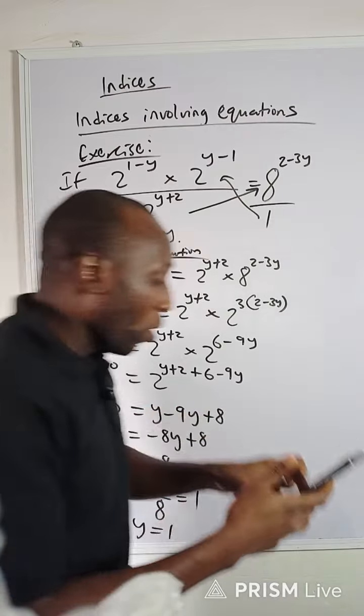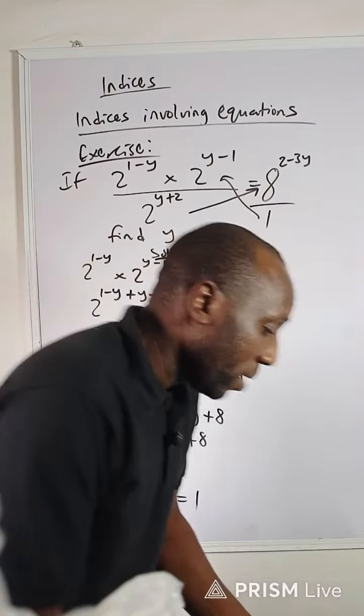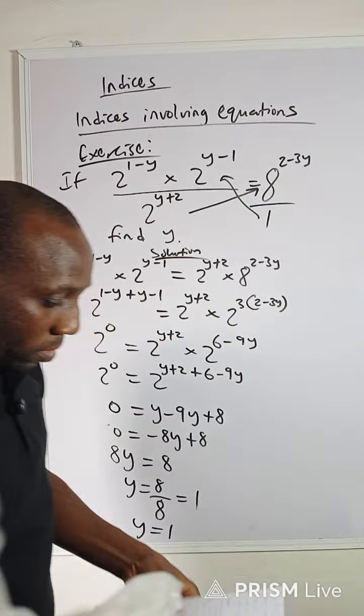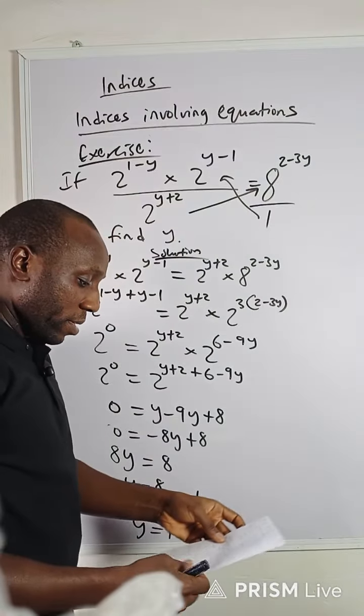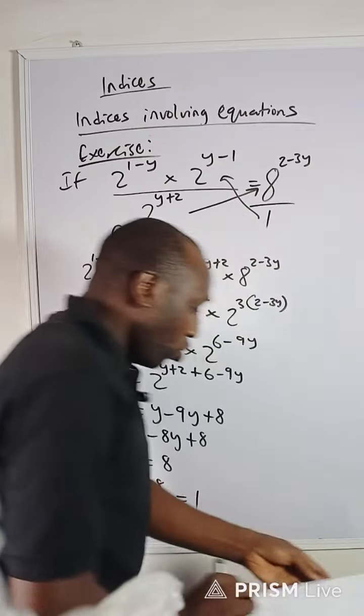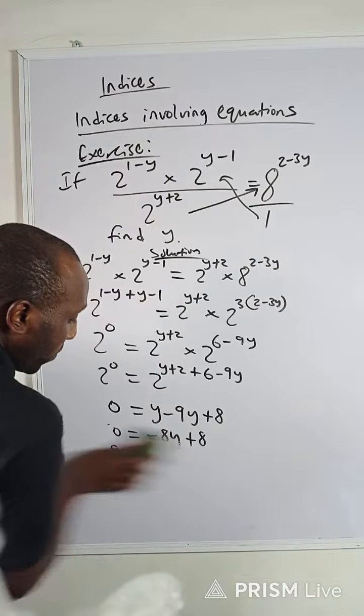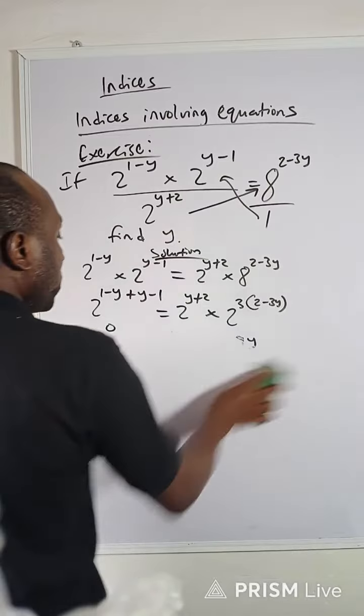What grade math is this? This is grade 10, grade 11. We are almost through with this aspect of equations. We are moving on very soon to simultaneous equations.